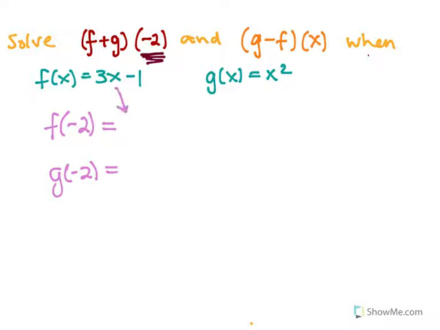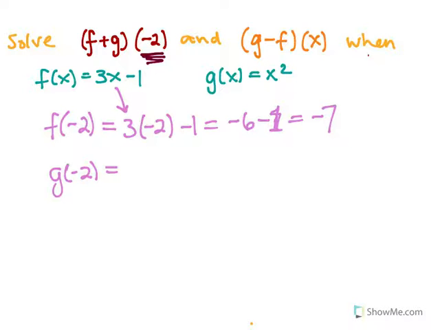First I will do 3 times negative 2 minus 1, which equals negative 6 minus 1, which equals negative 7.